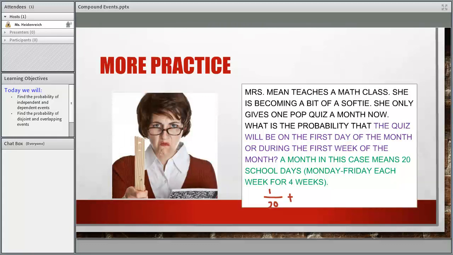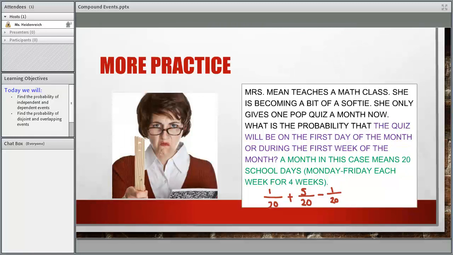How many days are in the first week? Well, there's 5 if we're counting Monday through Friday. And there's 20 days in the month. But then we remember that we already counted that first day. We've counted it twice now, so we need to account for that overlap of the Monday being the first day in the first week.